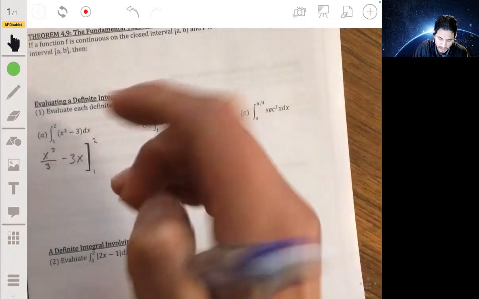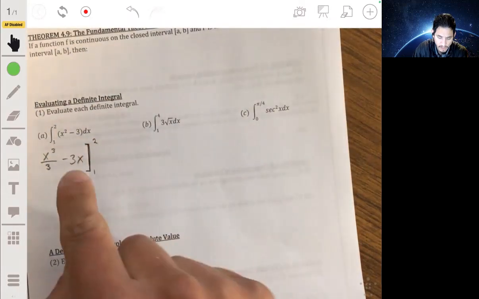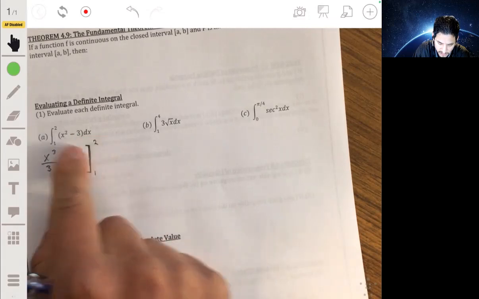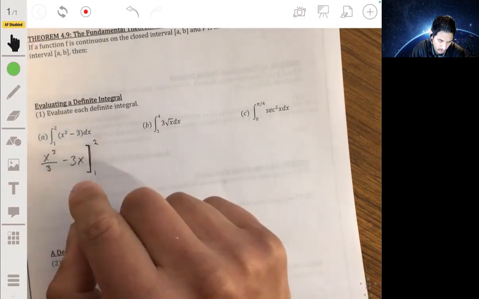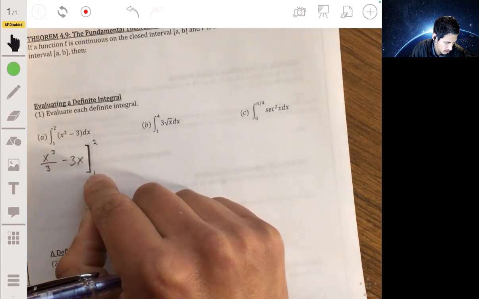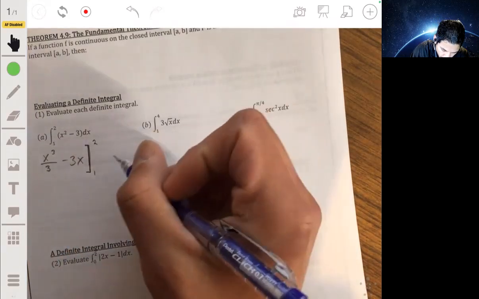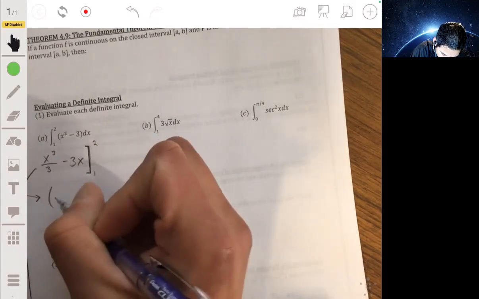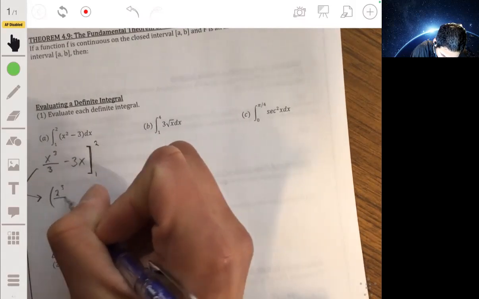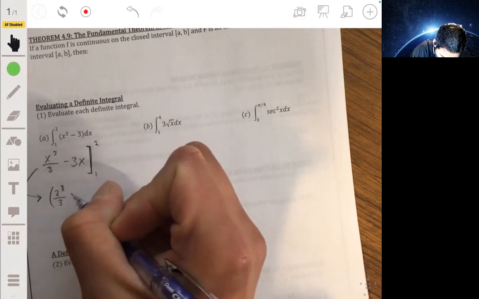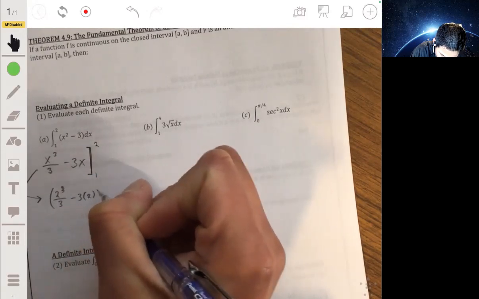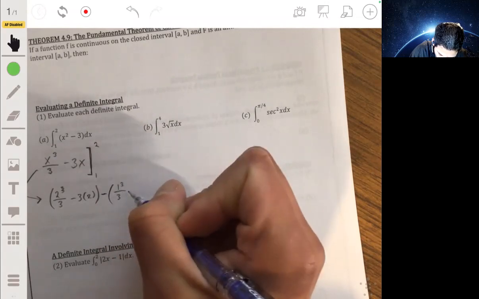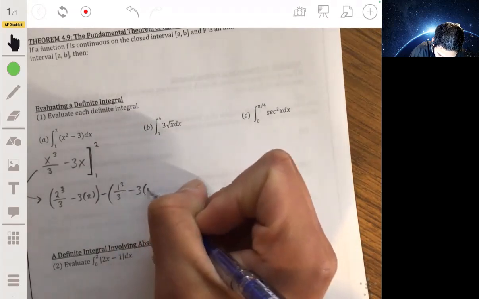And that tells you that you're going to be evaluating this expression for 2, and then you're going to be subtracting it from when you evaluate it for 1. So in other words, it's going to look like this: 2 cubed over 3 minus 3 times 2, minus 1 cubed over 3 minus 3 times 1.